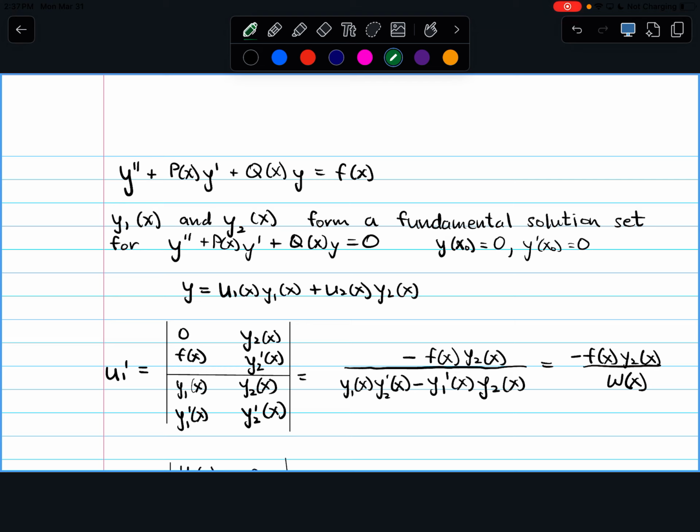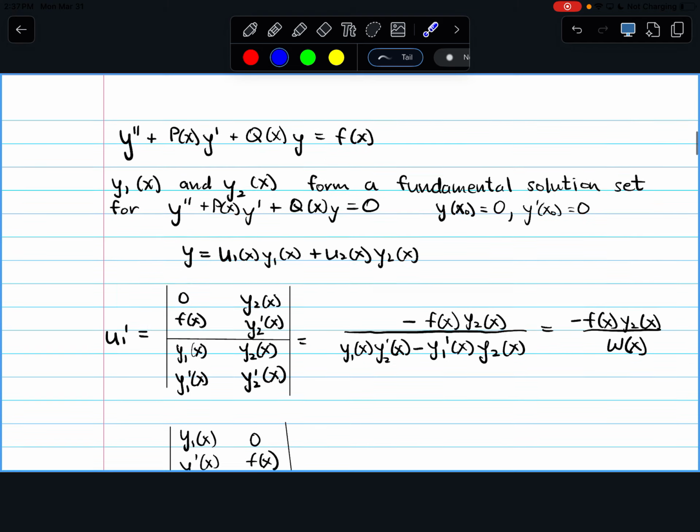Let's suppose we've got a differential equation like this one right here, and let's suppose that y1 and y2 form a fundamental solution set, so they're independent. Let's suppose further that we have these initial conditions. I'll bring that up later, but let's just suppose we have that.